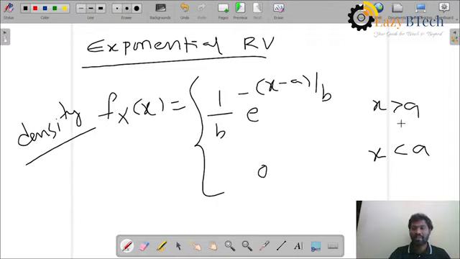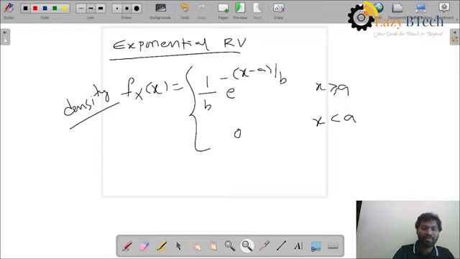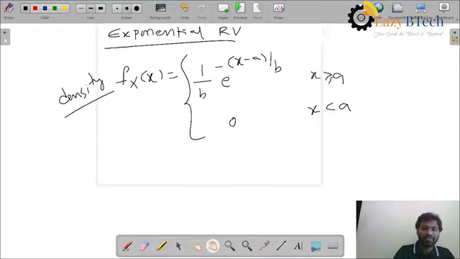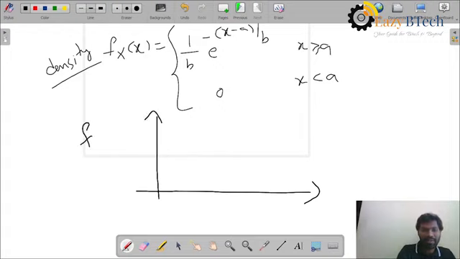Now if I want to plot this exponential random variable, the curve looks like this, f_X(x) against x.